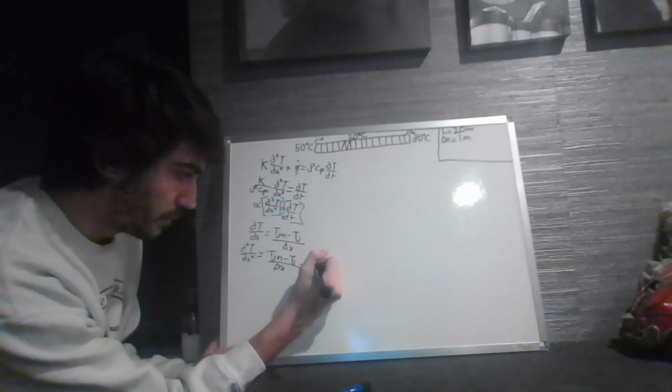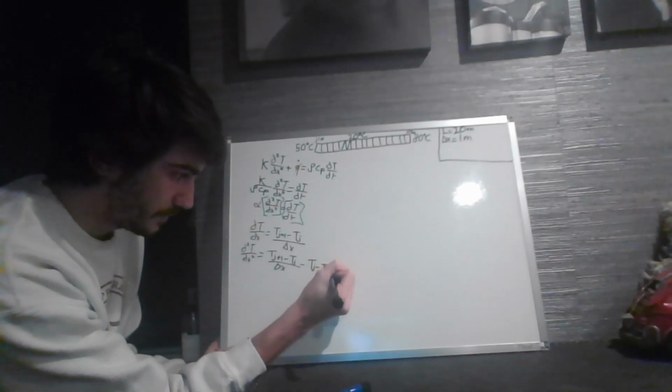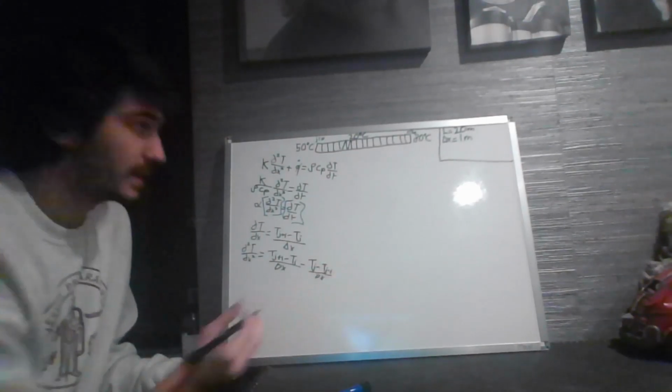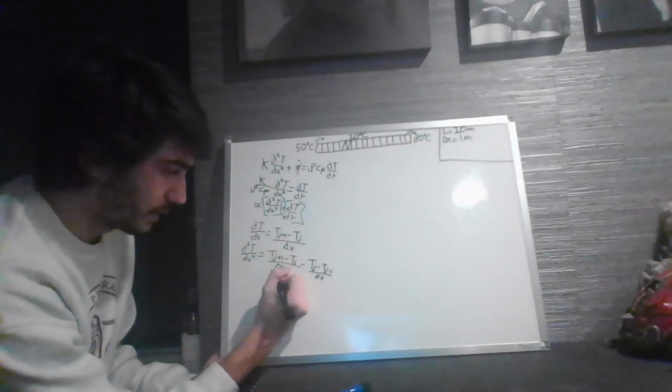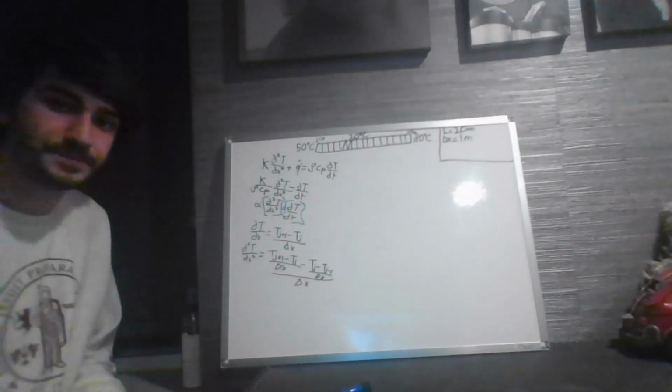So prior we do j, and then we have j minus 1, and then, of course, over delta x. Of course, this whole thing is all over delta x, right?